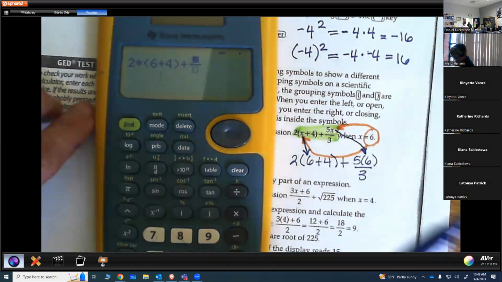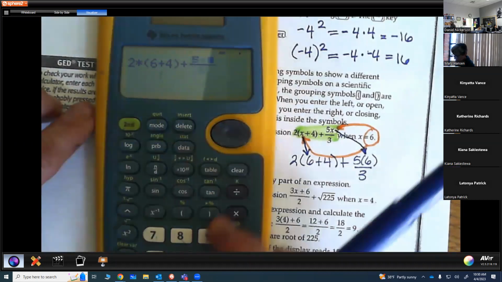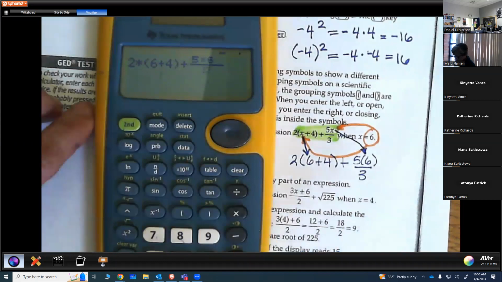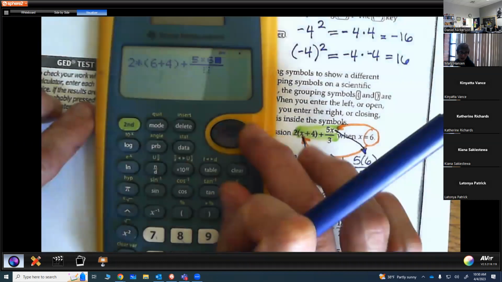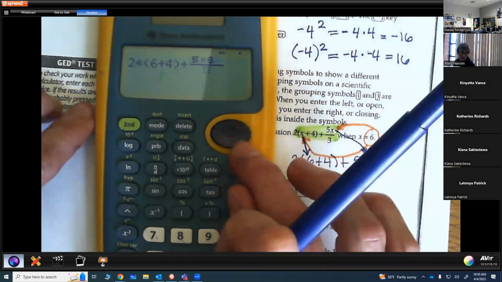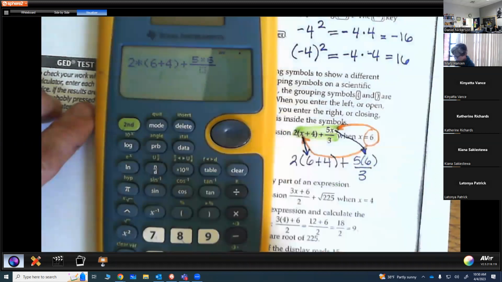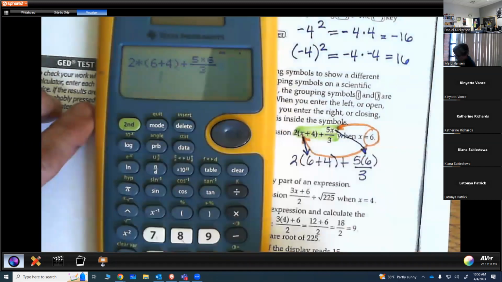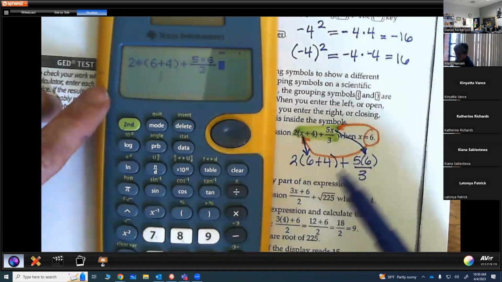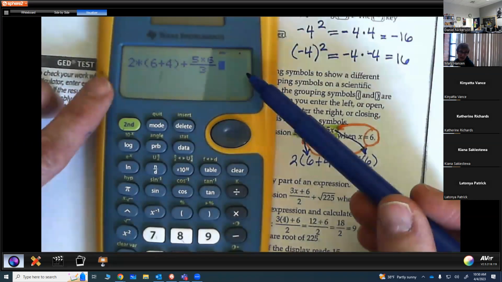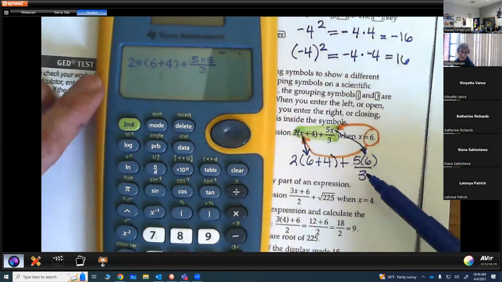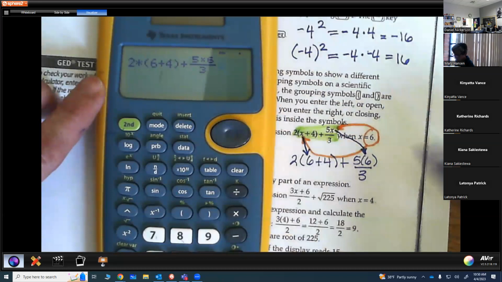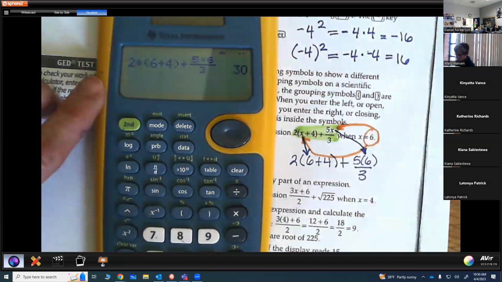And then you can put 5 times 6 on the top of the fraction. You use this gray toggle key to toggle down and put 3 on the bottom. And you can make what's on the calculator look exactly like what you wrote out by hand. And you still get the same answer.